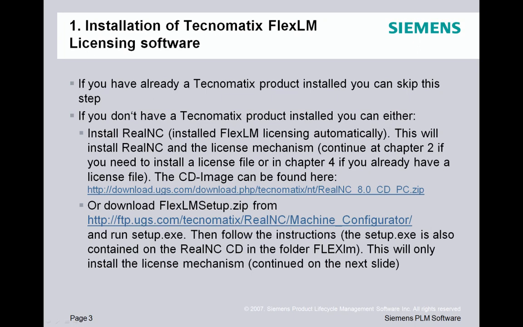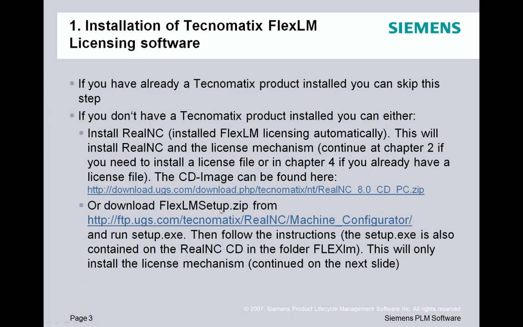Another option is to install Machine Configurator as a standalone application. In this case, you will have to install the Technomatics FlexLM licensing. The UGS licensing used for NX is not sufficient. You need to install the Technomatics FlexLM licensing capabilities in addition to NX, of course.